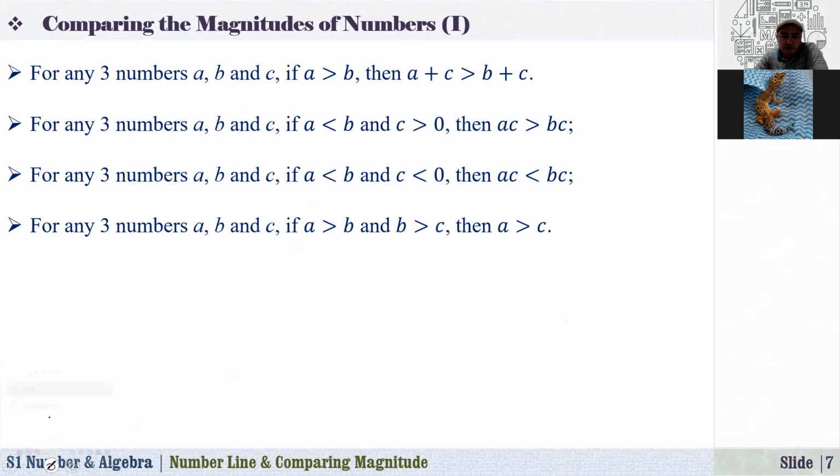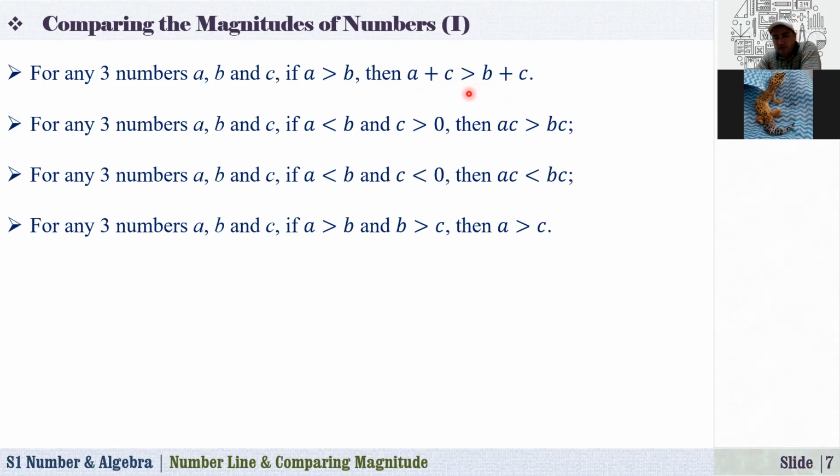When we say any three numbers, we mean that if you pick any three numbers on the number line, they are real numbers. If A is greater than B, and you add any number to both sides, the comparison does not change. So still A plus C will be greater than B plus C.